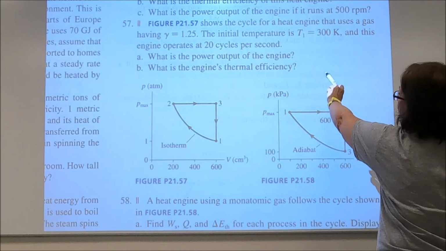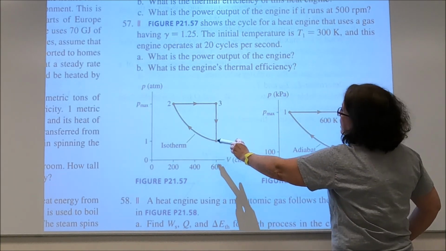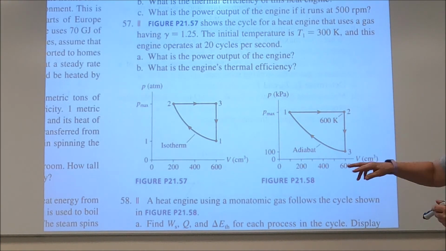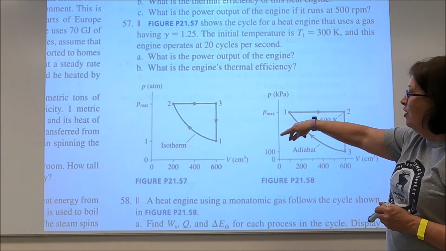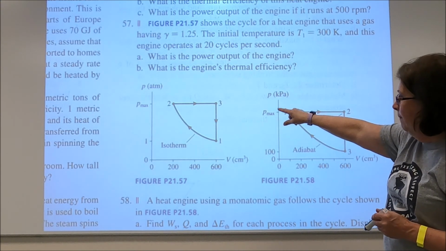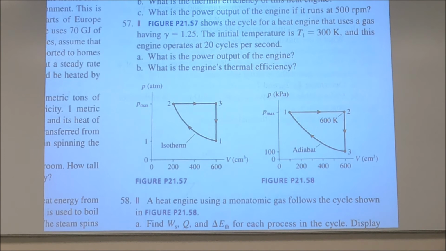They told us what the temperature at T1 is, and that's going to be the same temperature at T2. So the first thing we're going to have to do is get the pressure P max there. So flip your book, make sure you've got this open, and let's follow our way through this problem.